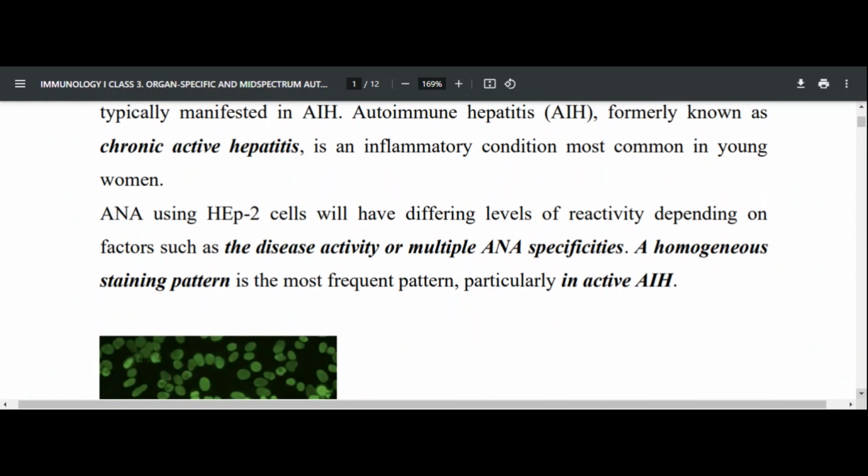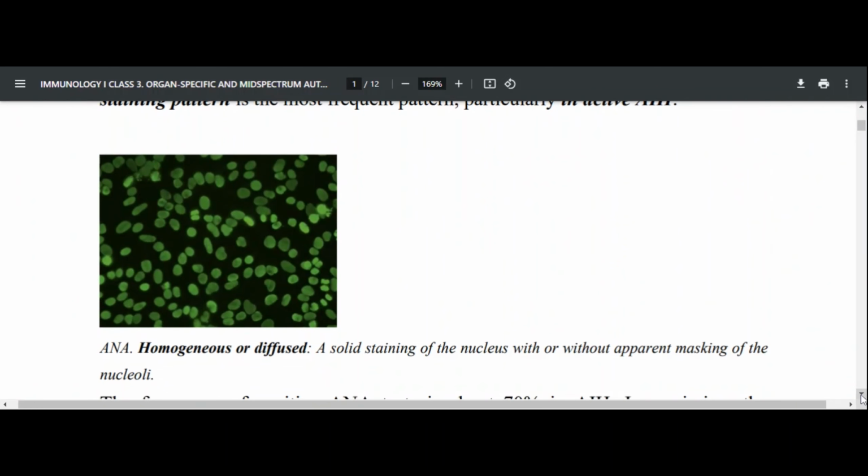In fact, the immunofluorescence staining will be a homogeneous staining pattern in the most active form of acute hepatitis. So what you call homogeneous staining is that the entire nucleus is stained, showing diffuse staining.